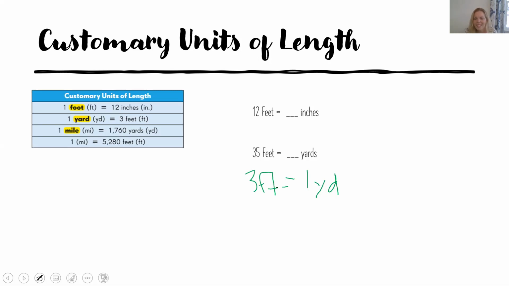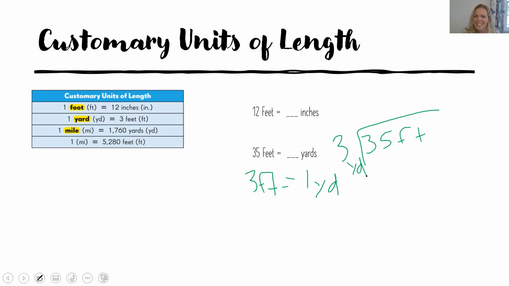Couldn't I then say, well, 35 feet divided by 3? Because if I know that 1 yard has 3 feet inside it, I want to find out if I divide that 35 by 3, how many yards total.